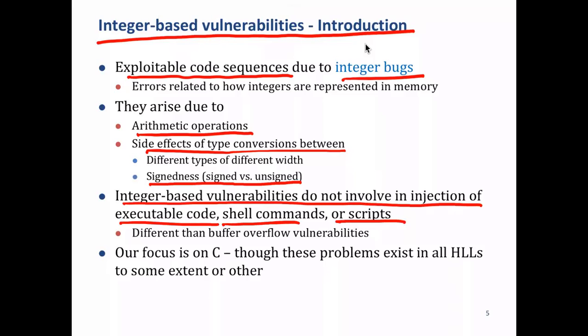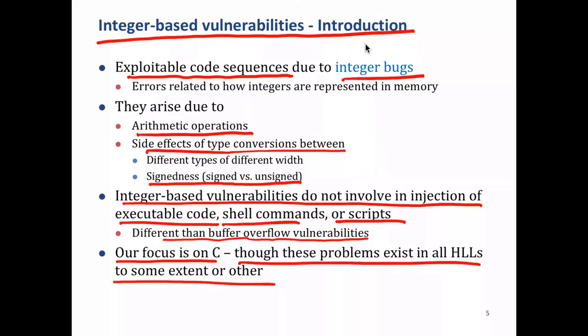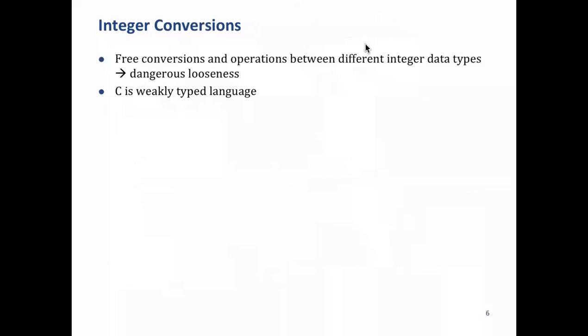However, there are some methods available, along with other vulnerabilities or methods, by which we can also do code injection, but largely it is used to get some data out of memory or corrupt the system. So they are different from buffer overflow vulnerabilities. Okay, so we will focus largely on C, although these problems exist to some extent in other languages as well.